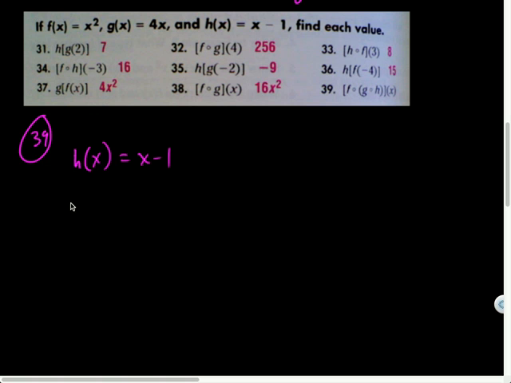So if I want to figure out g of h of x, that is going to be, well, g of x is 4 times x. So that's 4 times, and instead of x, I'm replacing its insides with x minus 1. All right? So let's figure out what g of h of x simplifies to be. And that would be 4x minus 4, I believe.